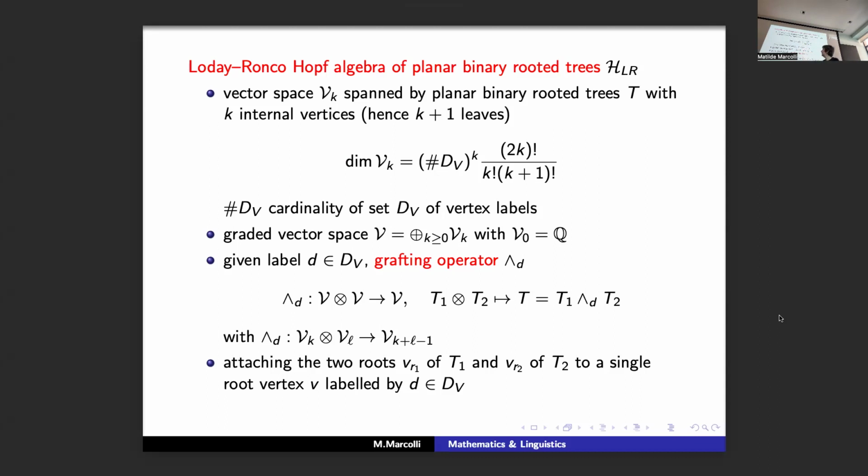So you have these internal vertices, so you have this additional counting, and you grade it by the number of internal vertices.